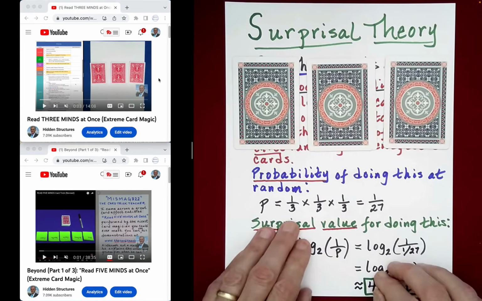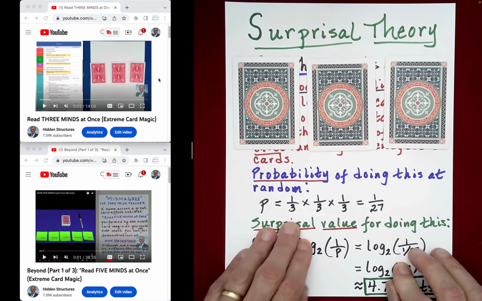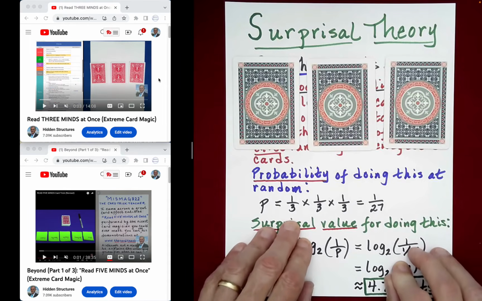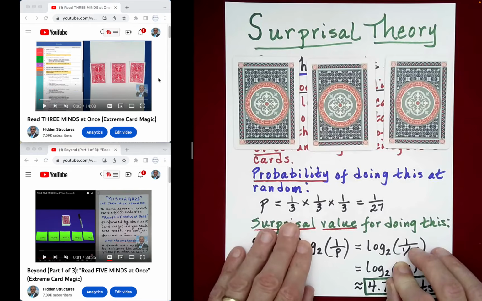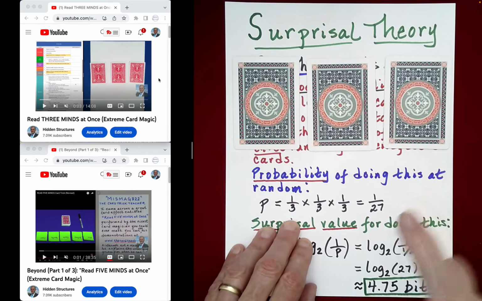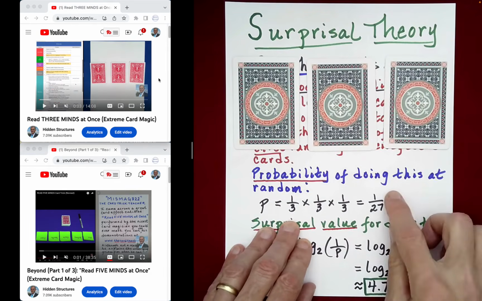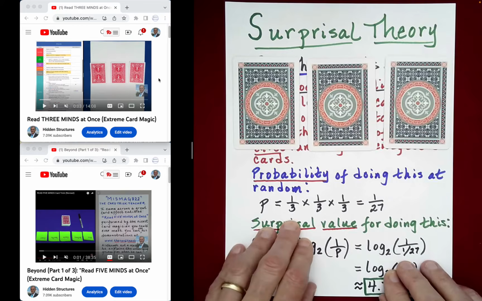Now, since these are, quote, independent events here, we multiply the corresponding probabilities. So the probability of me succeeding in correctly guessing all 3 of the spectator's chosen cards is 1 out of 27, okay?